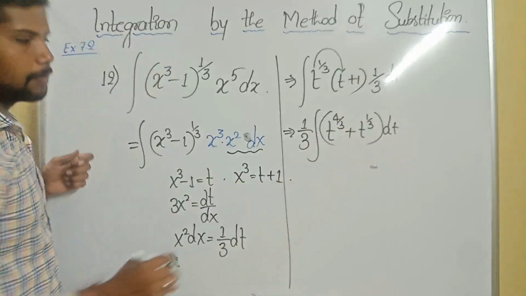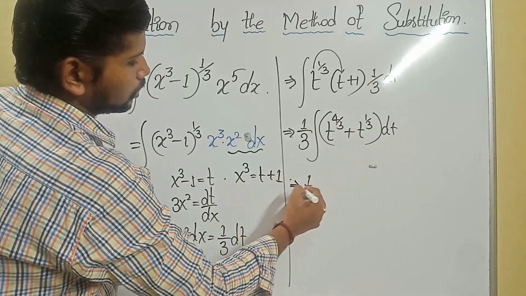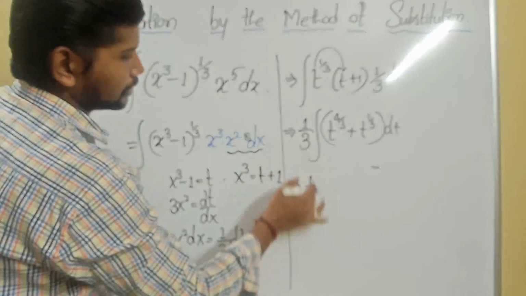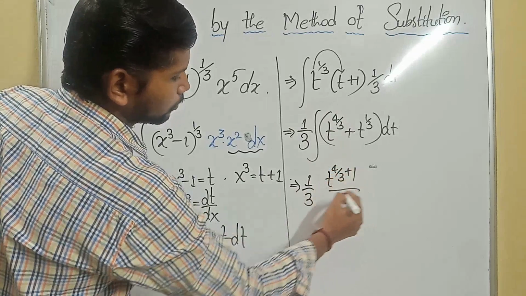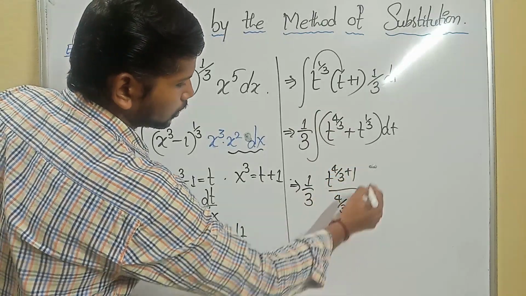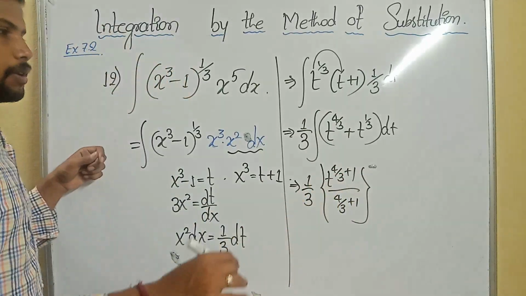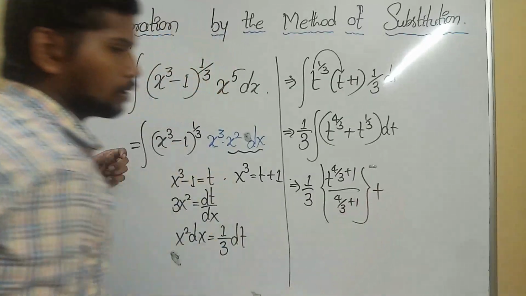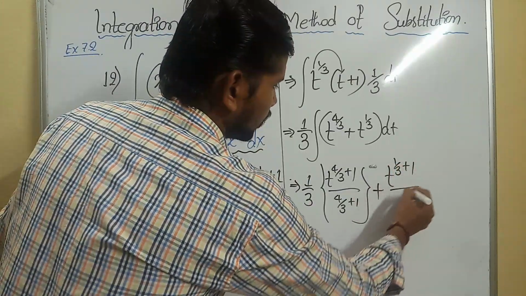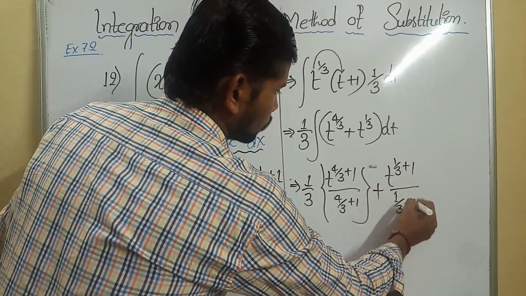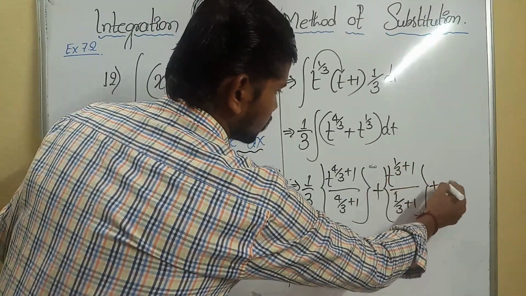Got it? In the next step, 1 by 3 as it is, and the integral of t to the power 4 by 3 will be t to the power 4 by 3 plus 1 divided by 4 by 3 plus 1, like x raised to n plus 1 divided by n plus 1. Here, t to the power 1 by 3 plus 1 divided by 1 by 3 plus 1, plus c.